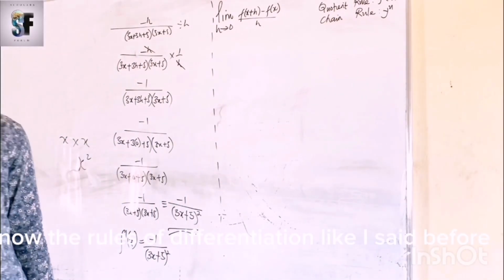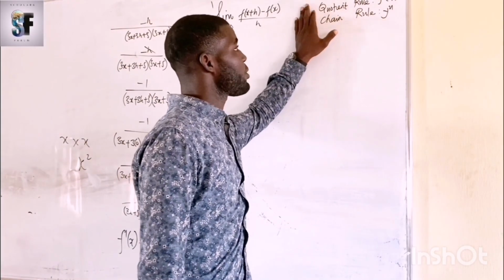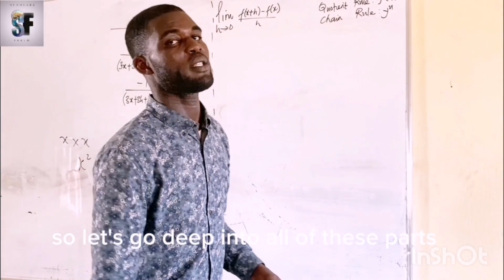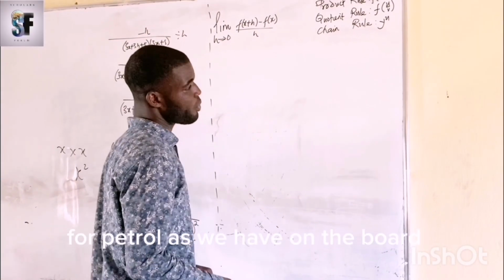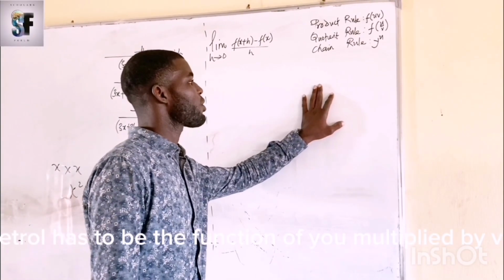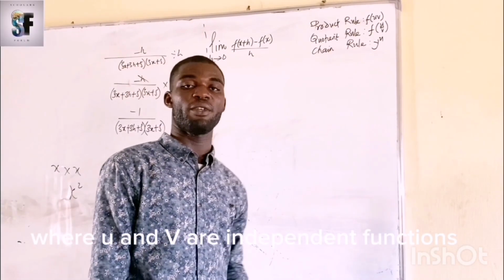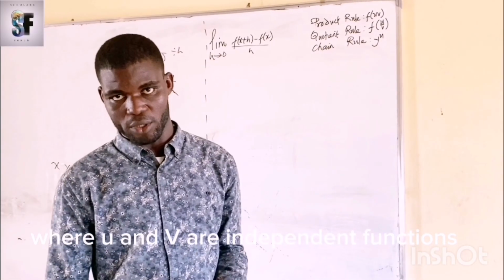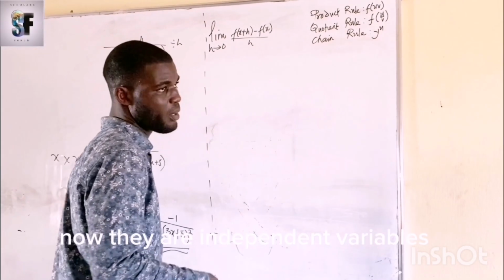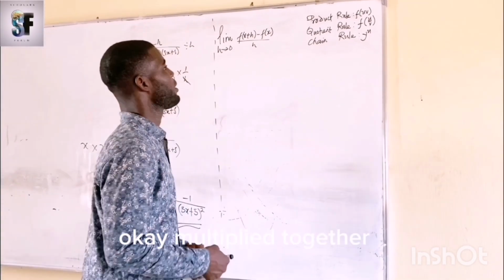The rules of differentiation, like I said before, we already know them on the board: product rule, quotient rule, and chain rule. So let's go deep into all of these parts. For the product rule, as we have on the board, it is the function of u multiplied by v, where u and v are independent variables multiplied together.